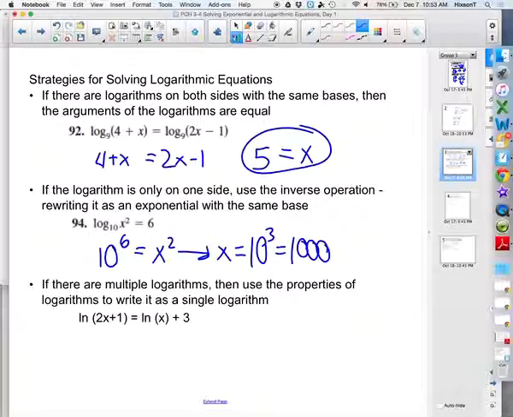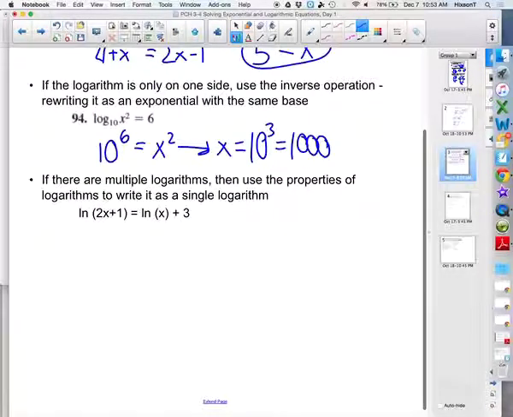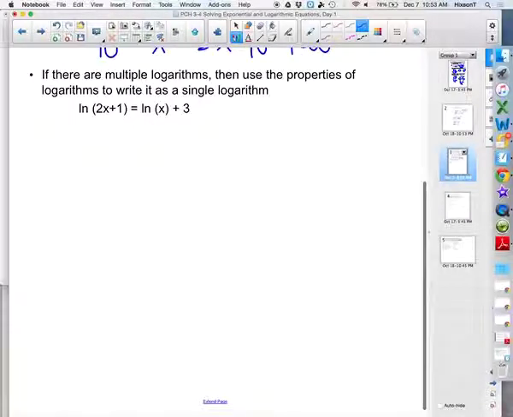The last one that's a little bit more complex is here. If we have multiple logarithms, this is where what we were just doing in the last section really comes into play. If there's multiple logarithms, we have to use the properties for logarithms to write it as a single logarithm.